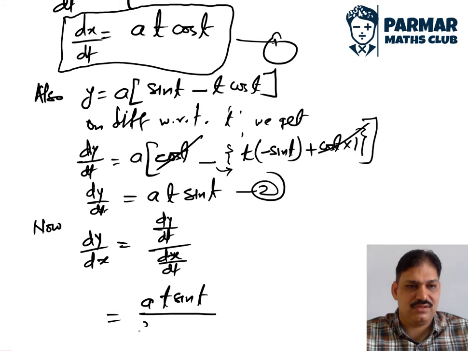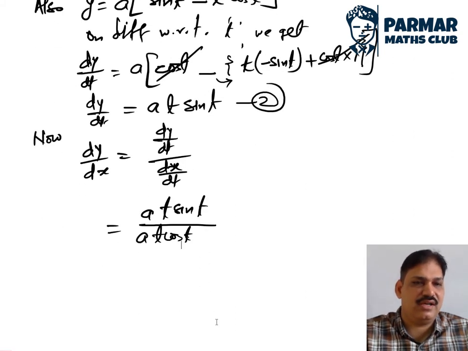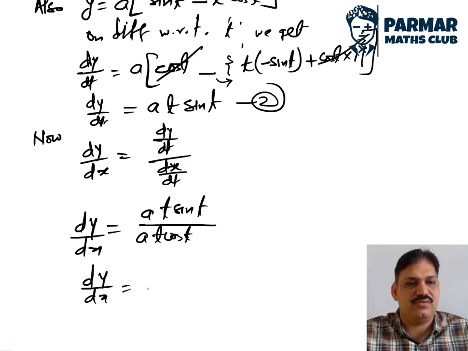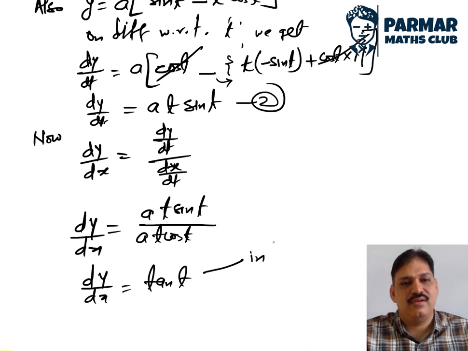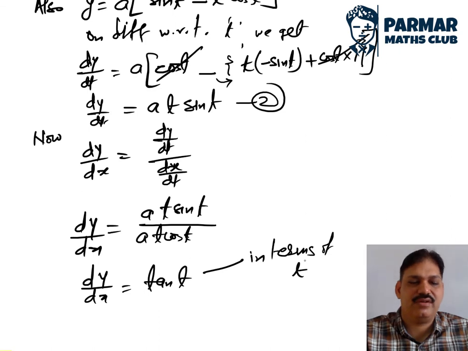The a t will be cancelled out. Sin t upon cos t is tan t. So dy by dx comes out to be tan t, in terms of the parameter t.